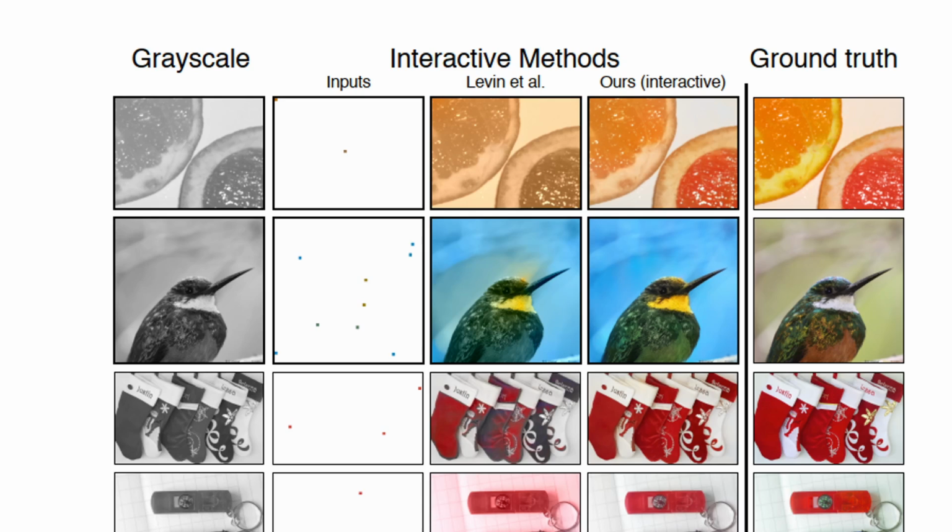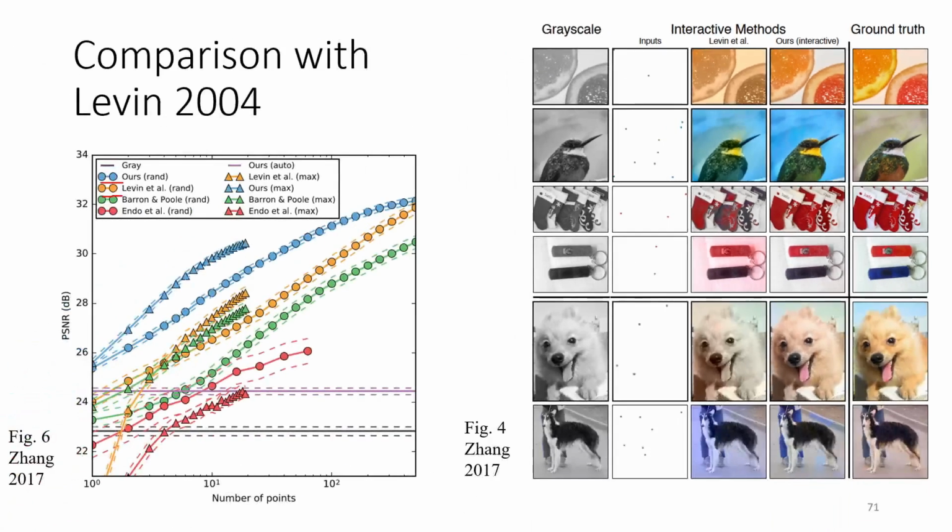However, because Zhang's paper is trained from a lot of images in the ImageNet dataset, based on a region, it will compare.